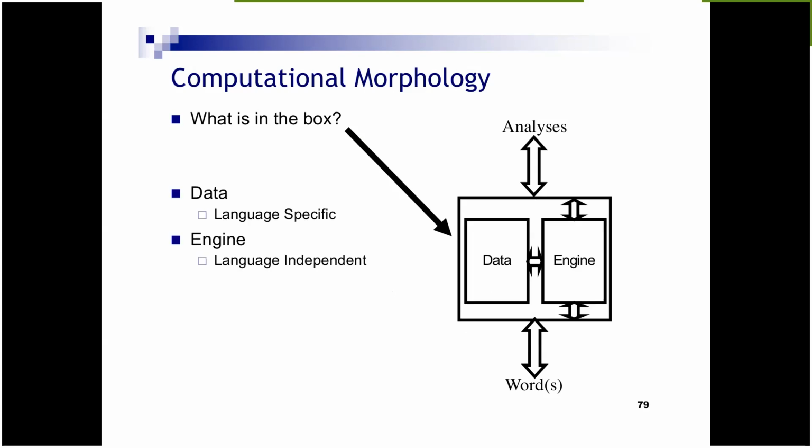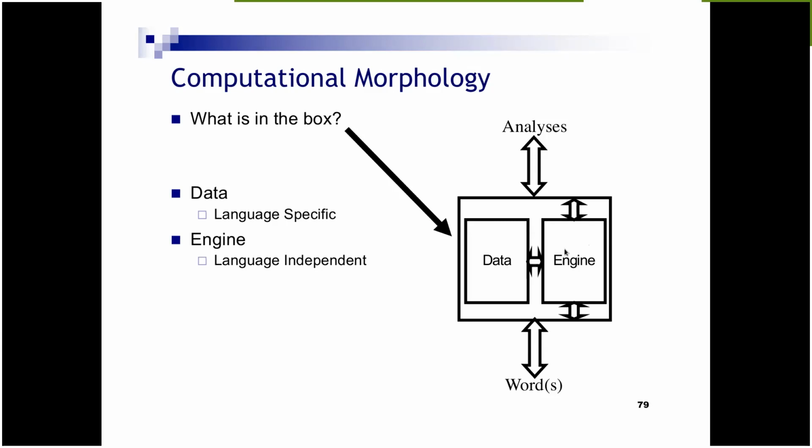Basically, inside the morphological analyzer, there are two pieces: data and engine. The data gives the rules, the list of words, and the linguistic information about the language.